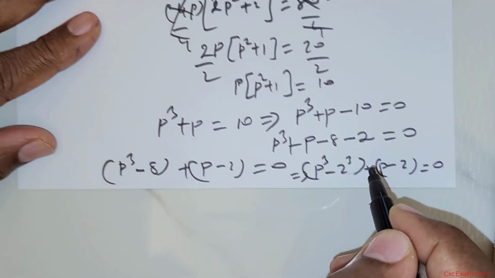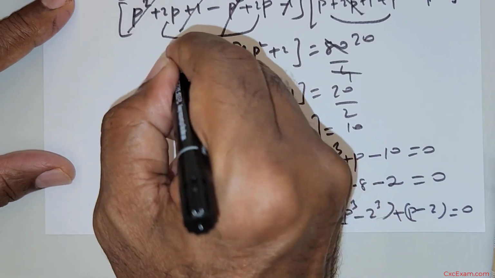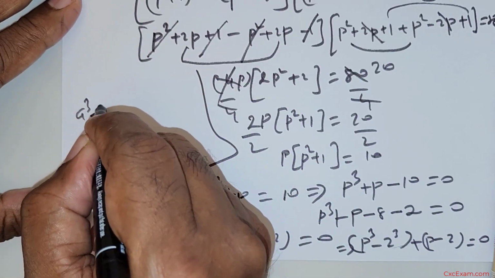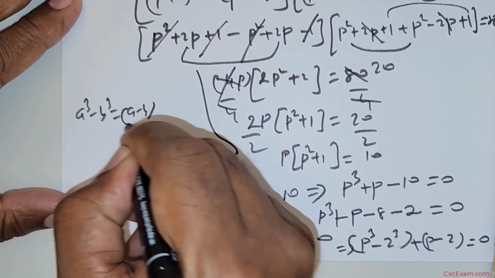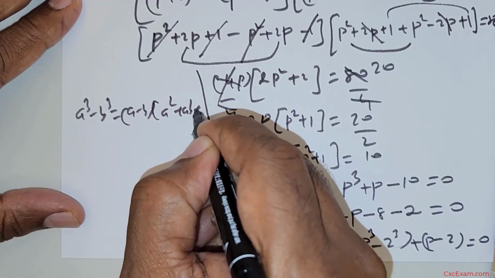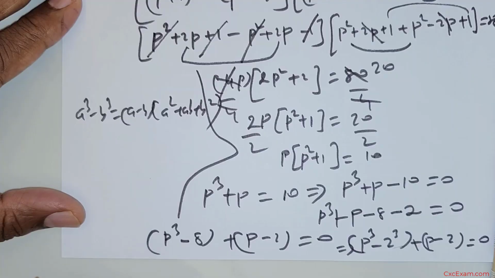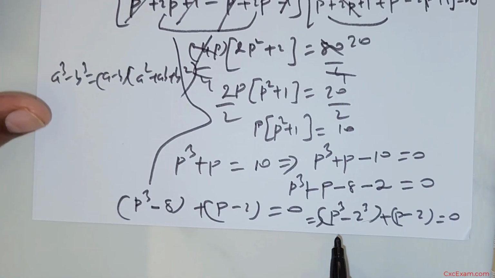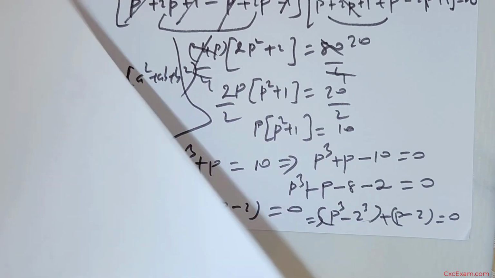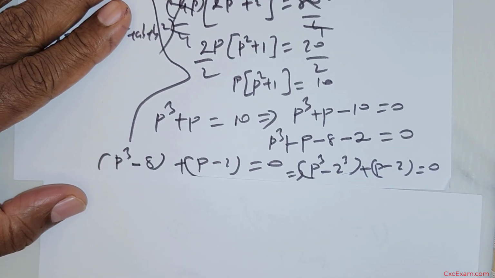Then I would like to utilize this formula, a cubed - b cubed is equal to (a - b) times (a squared + ab + b squared). So by that formula, if I were to apply this formula, let me use this page.